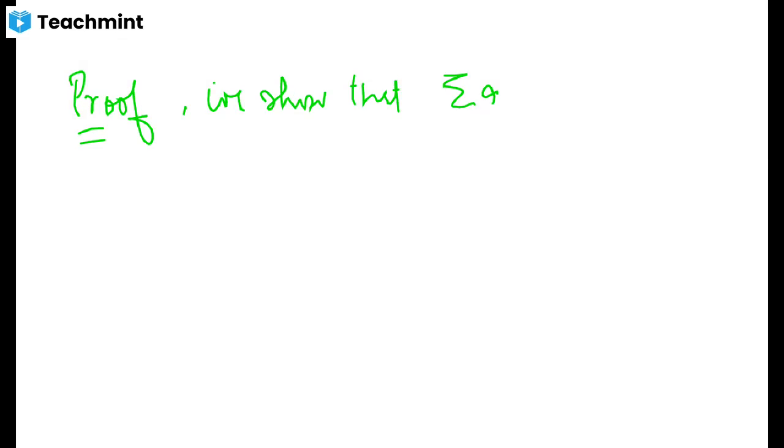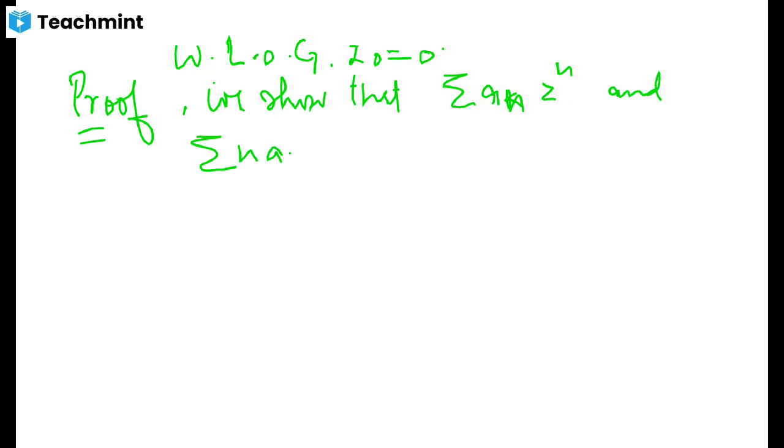Without loss of generality, assume that z naught is equal to 0, so that we are taking the power series about the origin. So we show that this power series, the sum of a n z to power n, and this power series, the sum of n a n z to power n minus 1, have the same radius of convergence.